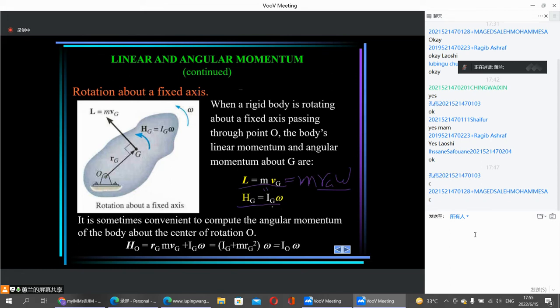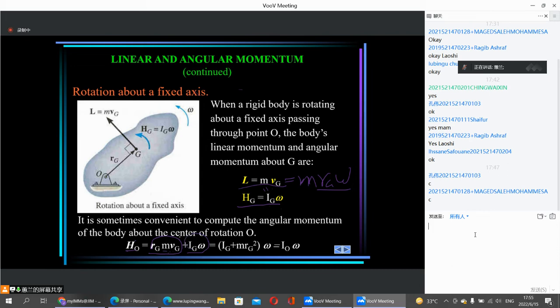According to what we have learned before, sometimes it is convenient to compute the angular momentum of the body about the center of rotation O. So HO will have two parts: the moment of the linear momentum and the angular momentum.